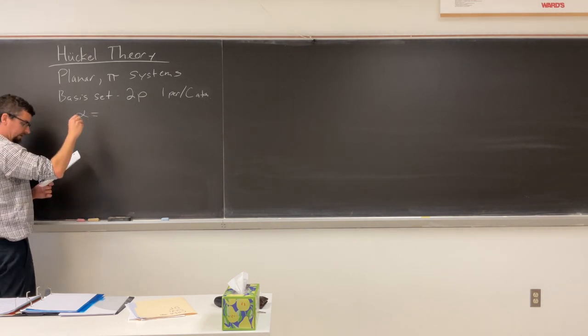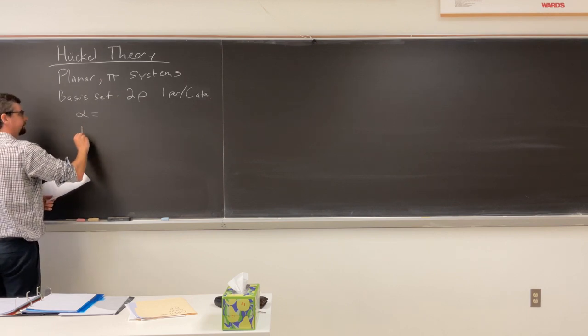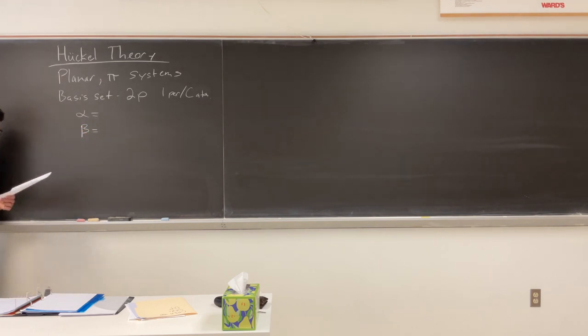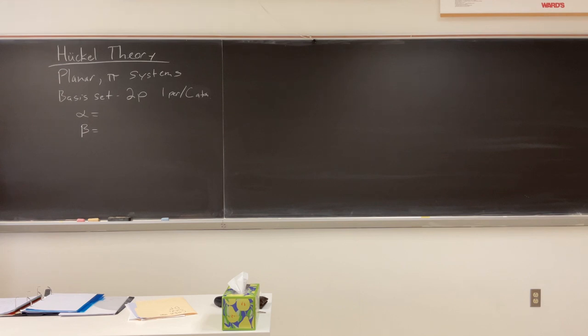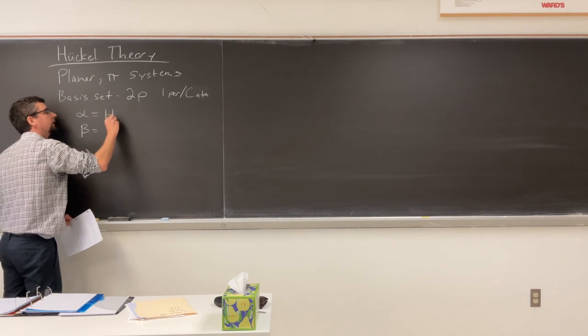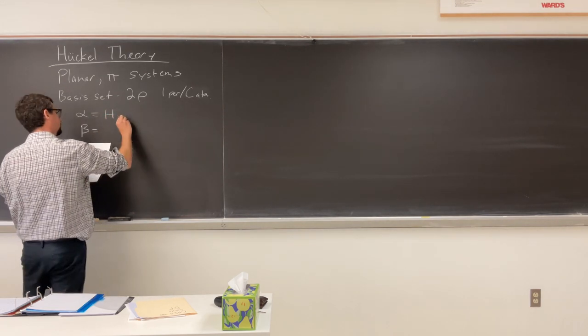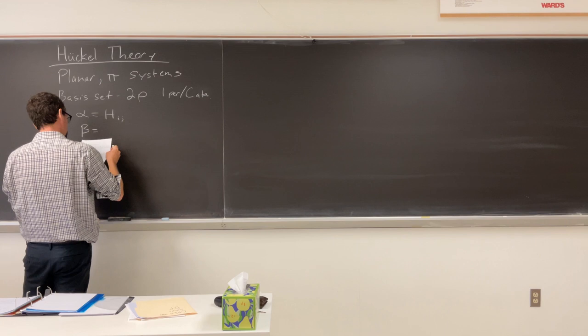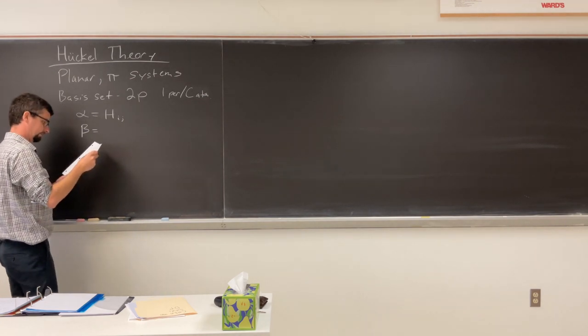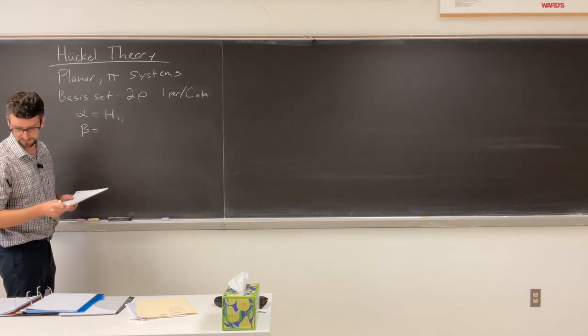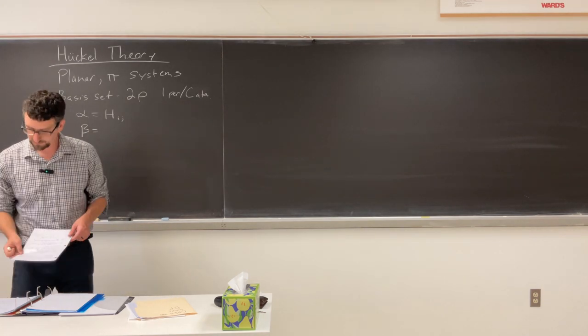We had alpha and we had beta. I didn't really describe what those things mean yet, but we will in a little bit. What's the shorthand for alpha? It was H, what? IJ. Yep. And then beta, did I say what beta was yet? Okay, but I didn't indicate a symbol.